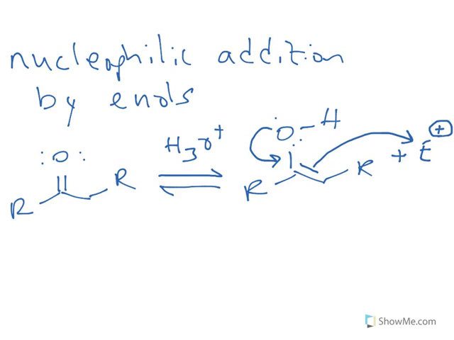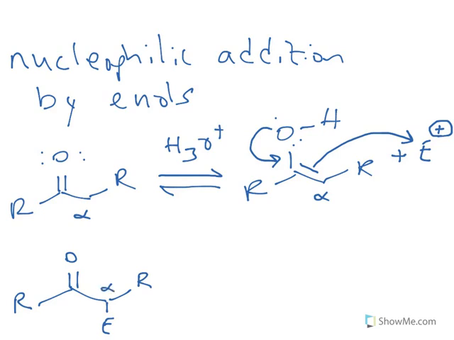All right. So what we're going to end up doing is following the alpha carbon here. The alpha carbon is that carbon that was adjacent to the carbonyl, and now in the enol form, it's where I've marked it. This is where the electrophile actually adds, in the alpha position. So that's pretty cool.